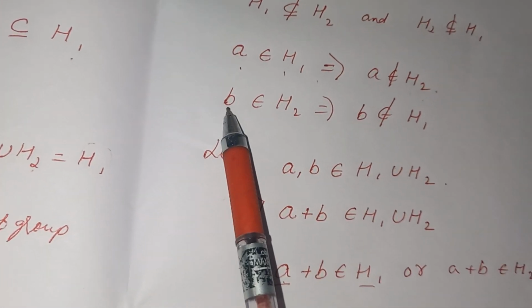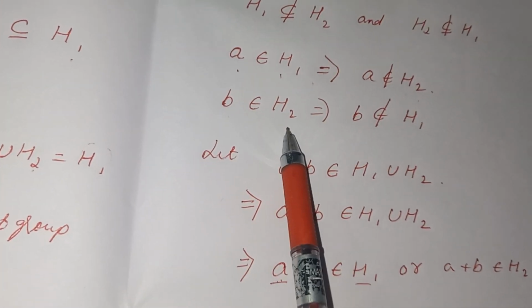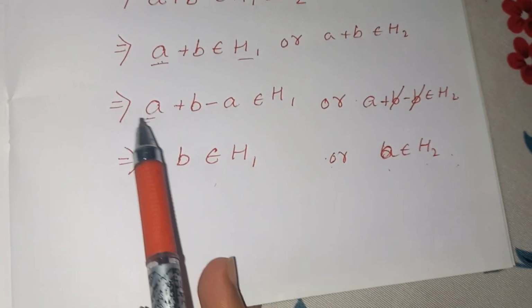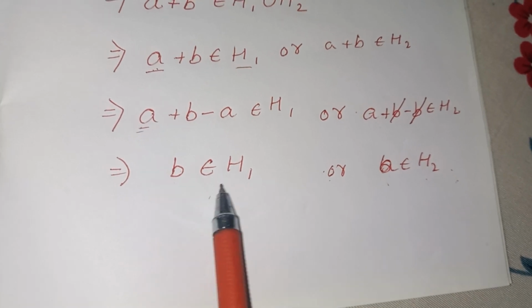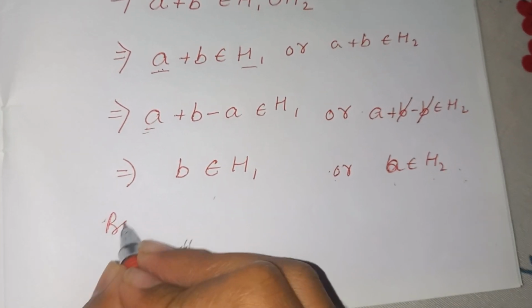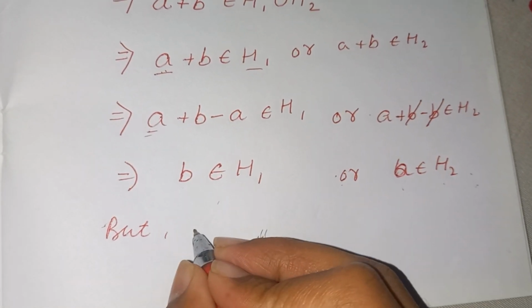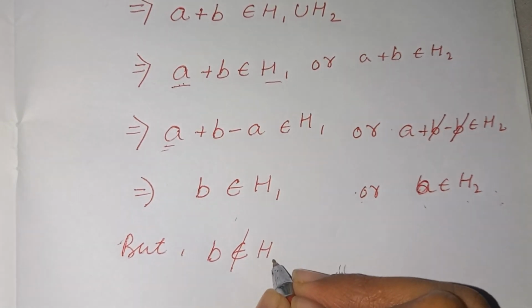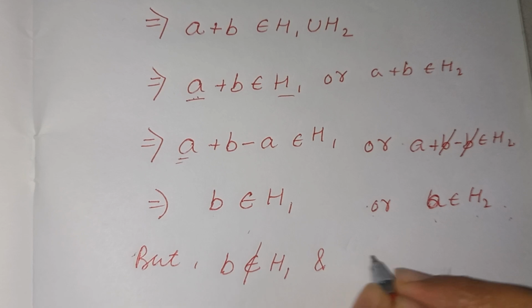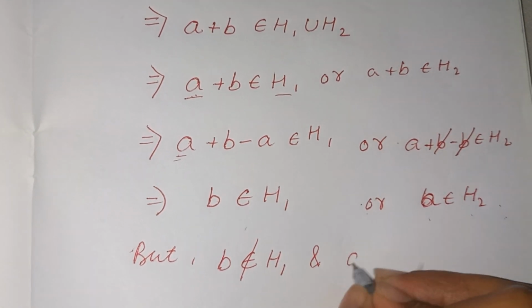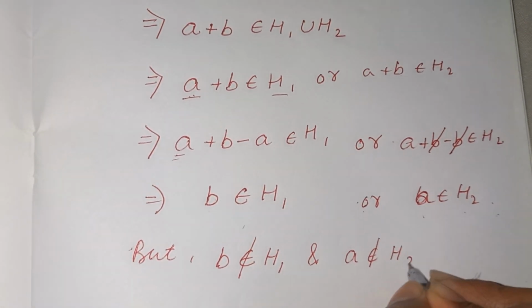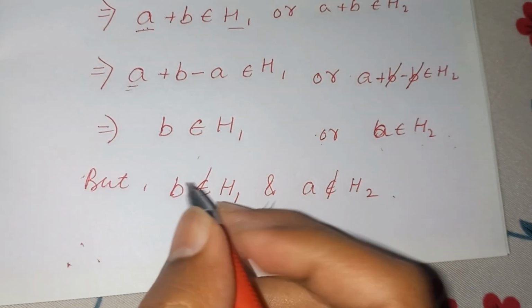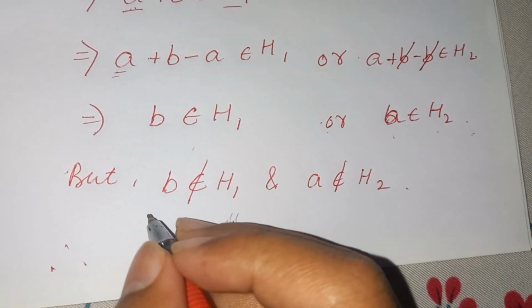And in this case, we have taken B belongs to H2, which implies B does not belong to H1. And in this case, we got B belongs to H1. But B does not belong to H1 and A does not belong to H2. Therefore, we have proven this statement.